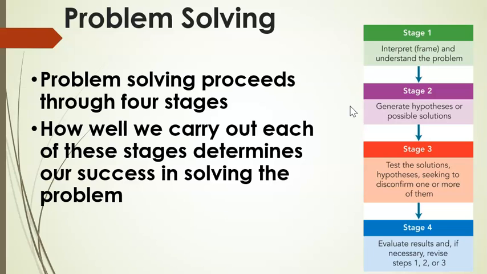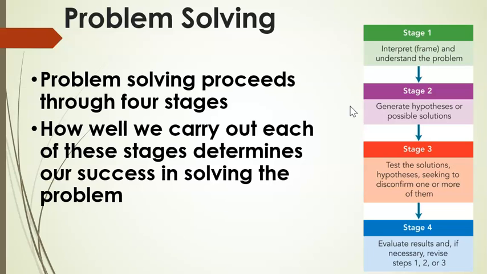You'll notice that these 4 steps are very similar to the scientific method that we talked about way back in chapter 2. So that's kind of where the scientific process came from, these 4 stages of normal problem solving.